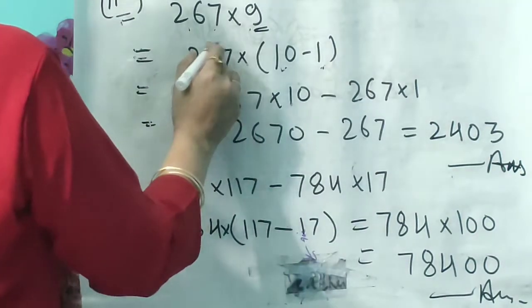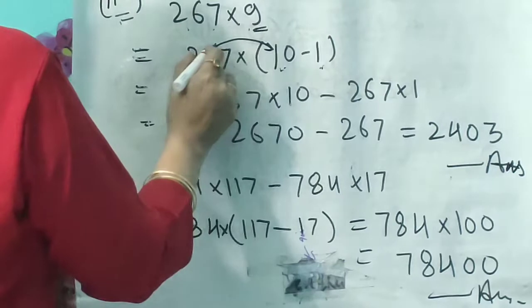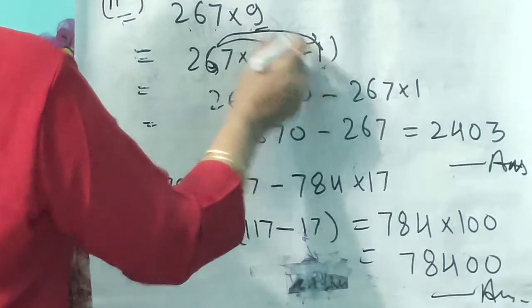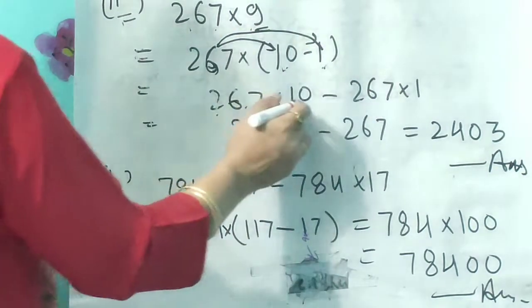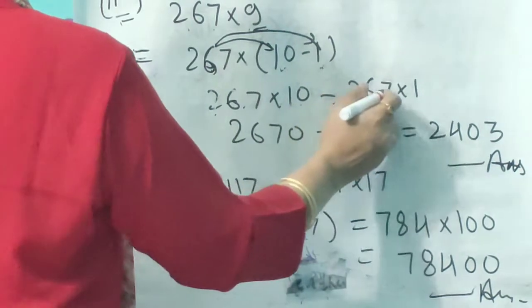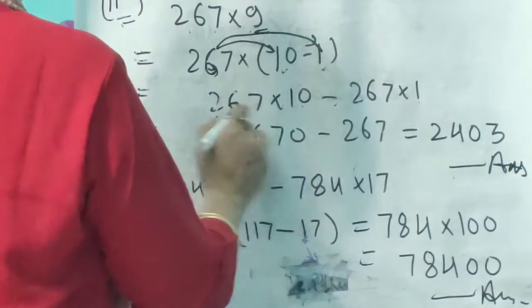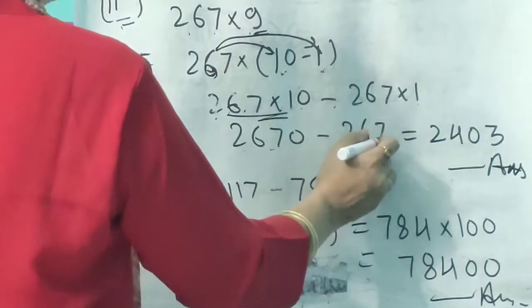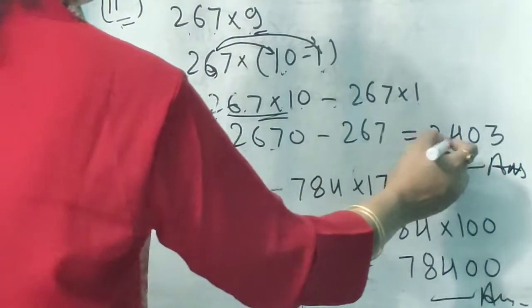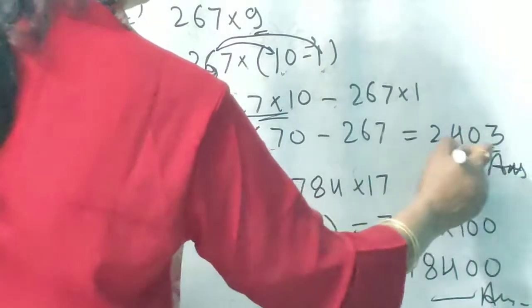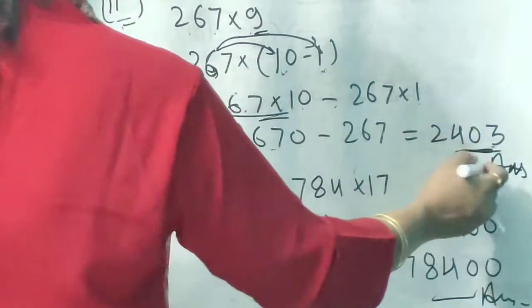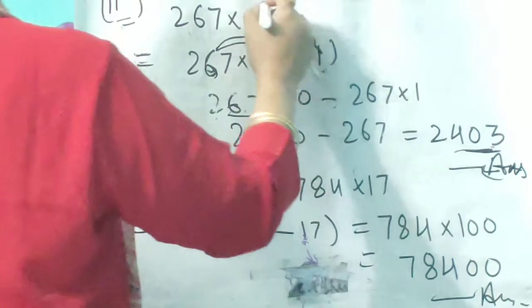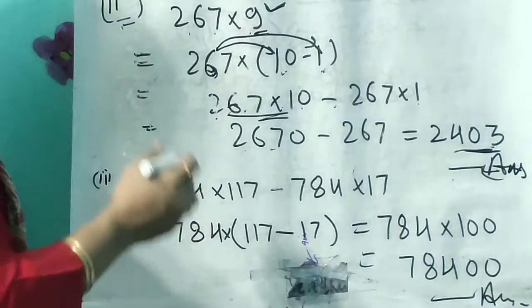Now this 267 will be multiplied with 10 and 267 is multiplied with 1 also. So 267 into 10 minus 267 into 1. So you will get here 2670 minus 267 and then you will subtract, you will get 2403. This is the answer and this is another example of the distributive law.